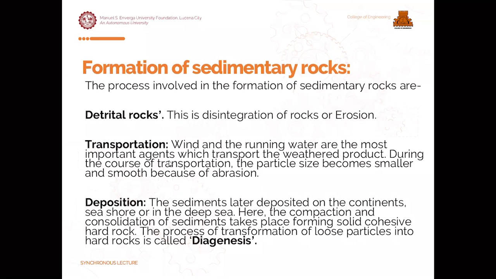So the process of transformation of loose particles into hard rocks is called diagenesis. Okay? So yun pala yun. So yung pag-change ng molecular structure ng mismong rock natin from loose particle, then parang nagkameron siya ng glue effect o nag-litify siya into hard rocks, no? Kaya diagenesis yung tawag sa kanya.